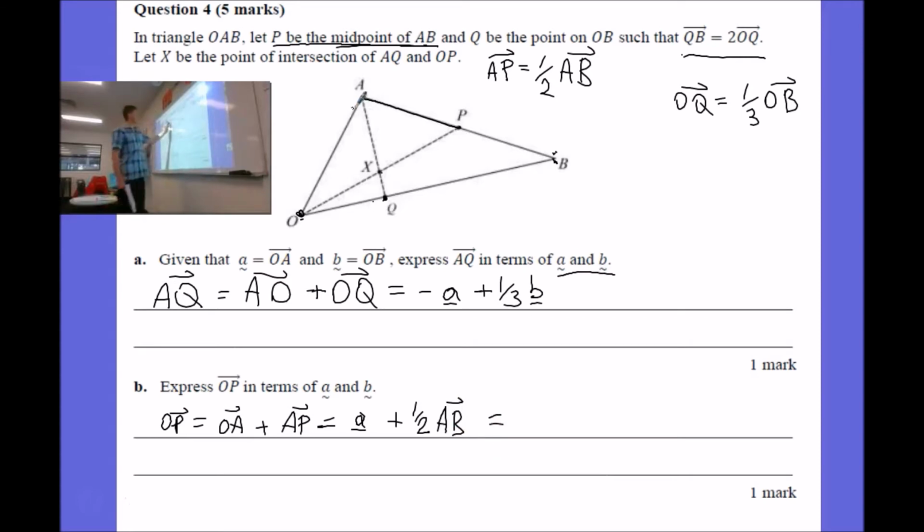Okay, now if we went from A to B, it's the same as running backwards along vector a and then we add on to that vector b. So we get vector a plus a half of running backwards along vector a, which is negative a vector, plus vector b. Now we can simplify that.